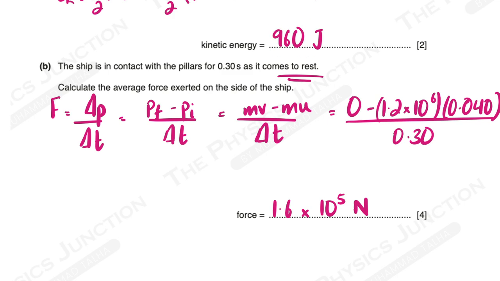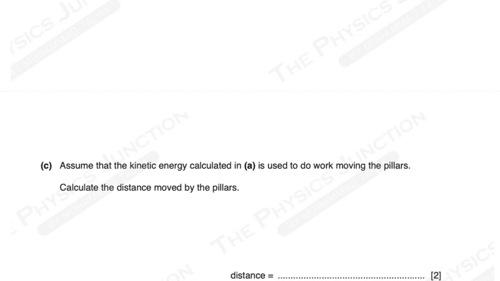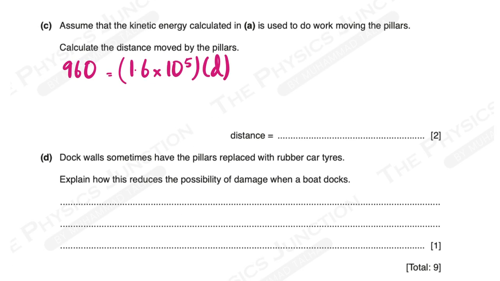So this is the energy which is transferred, 960. This is the work done to move the pillars, which would be force into distance. So force is 1.6 into 10 to the 5, force times the distance. And from here, I need to find the distance. So this turns out to be 6.0 into 10 to the negative 3 meters.